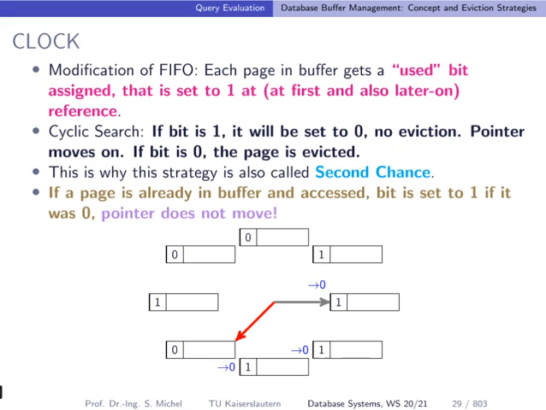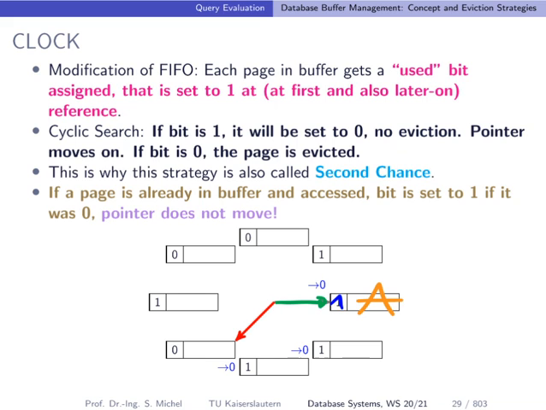So let's assume that there's a page A at this position in the buffer, and there's the bit set to 1 because A got recently accessed. So the gray arrow here, like for the example with FIFO, points to the next slot that needs to be investigated if the page stored in this slot should get evicted.